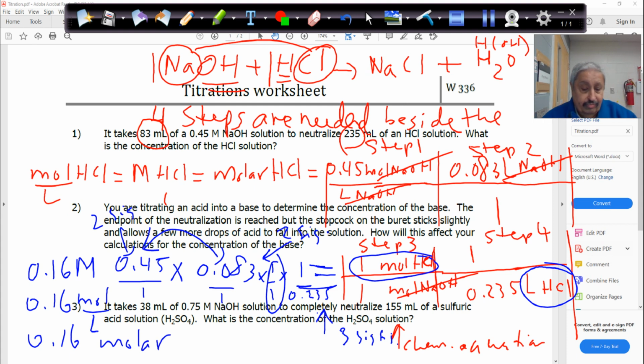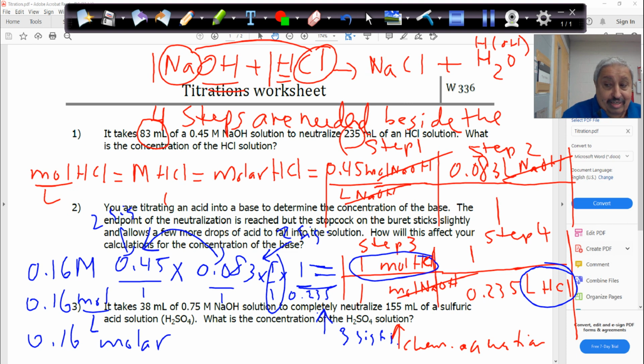Okay, guys, that's the titration here. Step 2, you multiply by the volume of sodium hydroxide, the liters of sodium hydroxide. So you cancel from the molarity of sodium hydroxide, mole per liter sodium hydroxide, since the molarity has liter at the bottom.